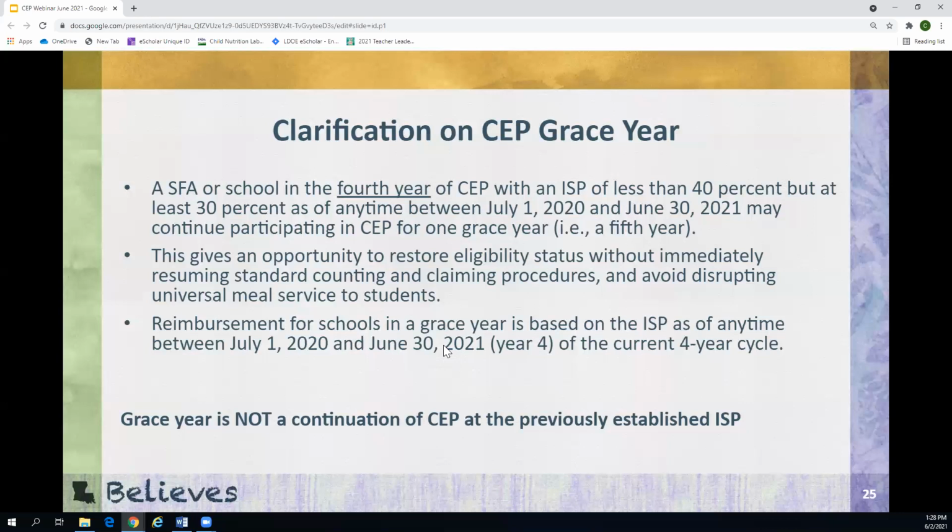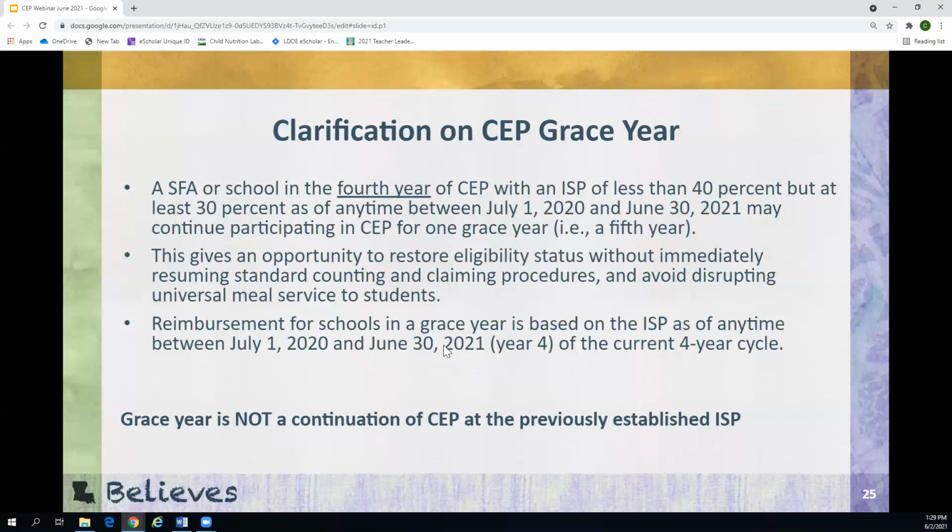So it may be beneficial for you to elect either a grace year or even to elect CEP next year with a very low percentage of 45%, and then make a decision at the end of school year 21-22 for 22-23 to possibly opt out, or you would be at the end of that grace year where you'd have to return to free and reduced applications.